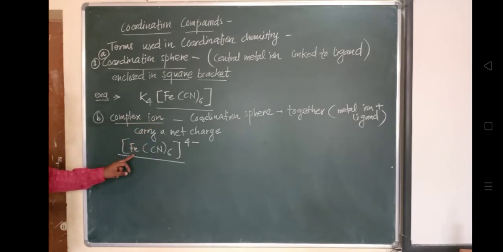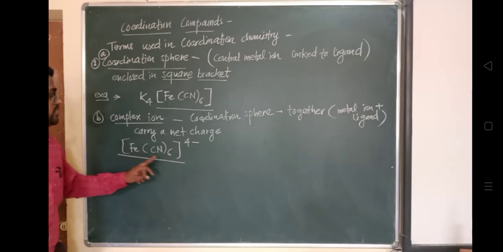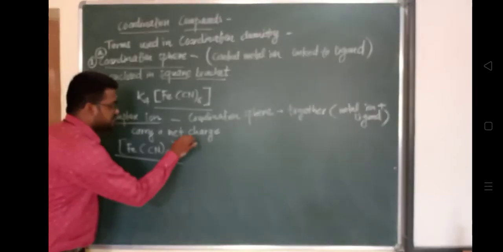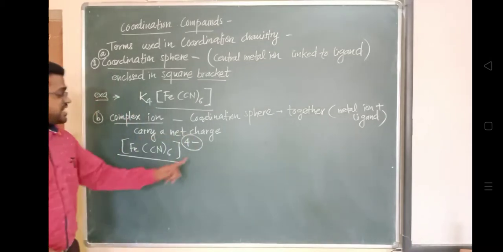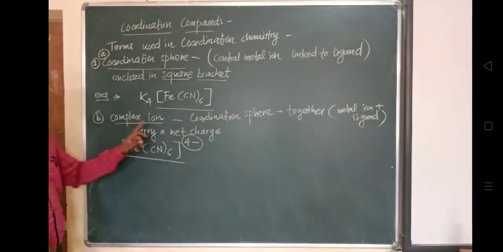It is a coordination sphere with a net charge. When we show the net charge on the coordination sphere, it is called a complex ion.